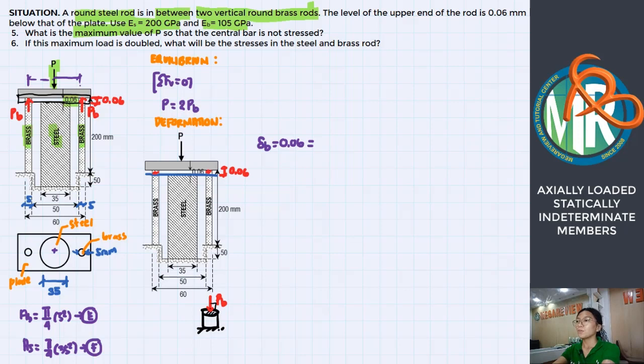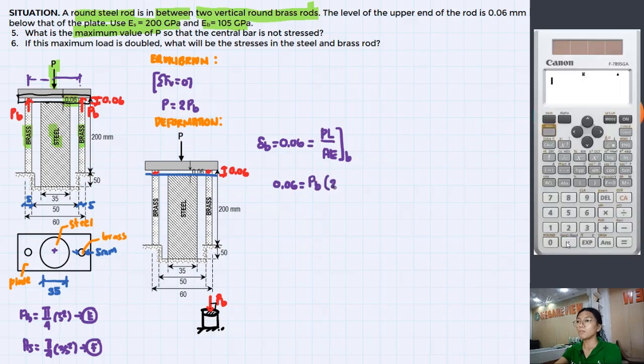So we have PL over AE, axial deformation, for the brass rod. So 0.06 equals the force of the brass rod times the length of the brass, which is 200 millimeters, over the area of the brass rod, stored in E, times the modulus of elasticity of the brass rod, which is 105,000 megapascals.